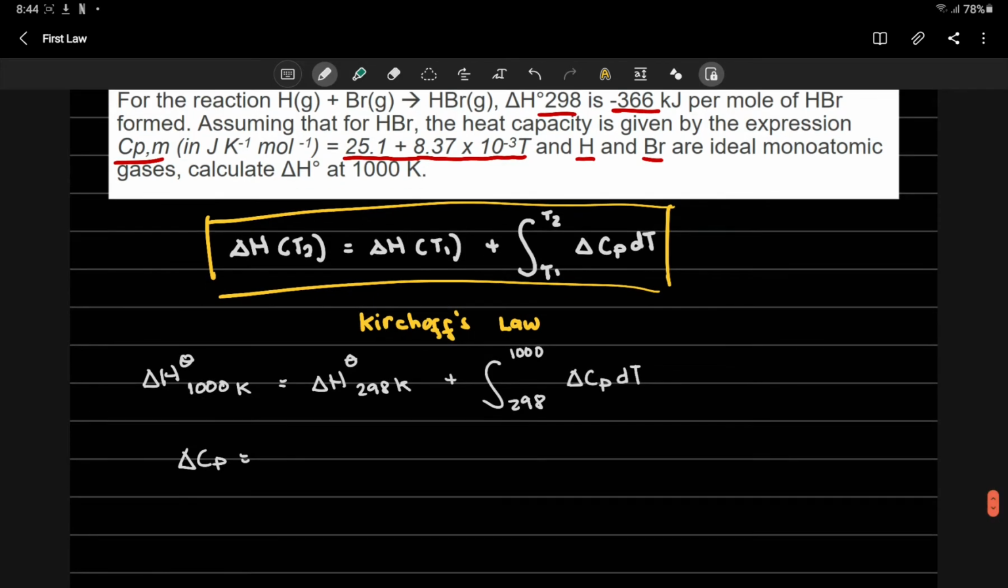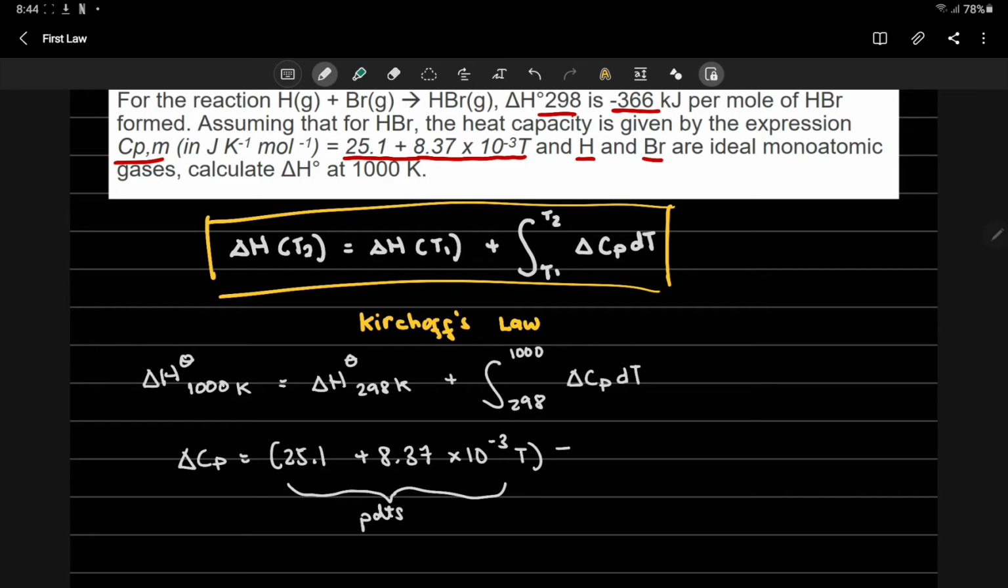So 25.1 plus 8.37 times 10 raised to negative 3T. Okay, product pa lang to. So, let me label here na siya ay for your product. Okay, minus that of your reactant.